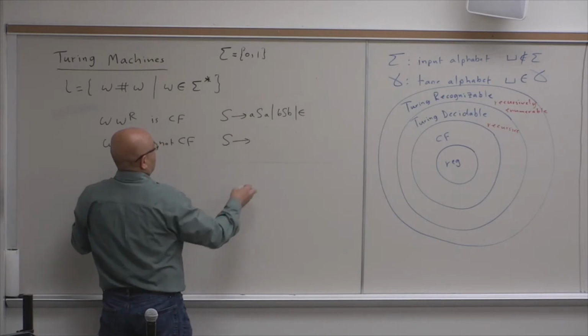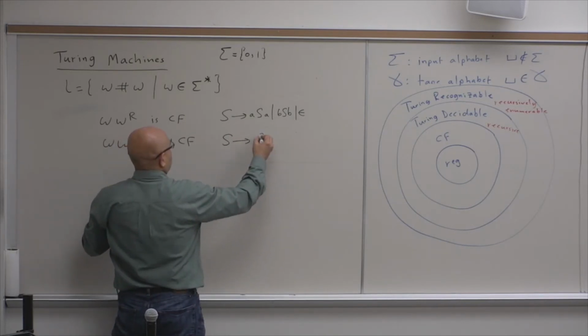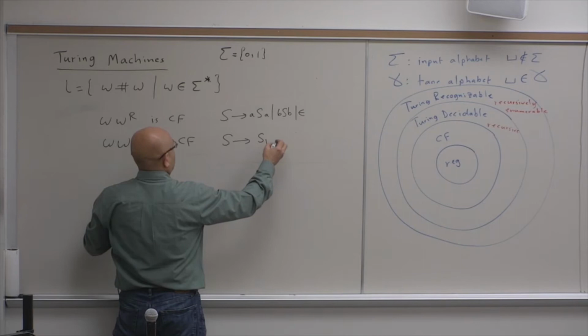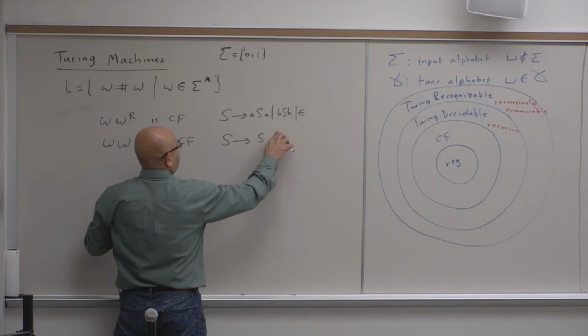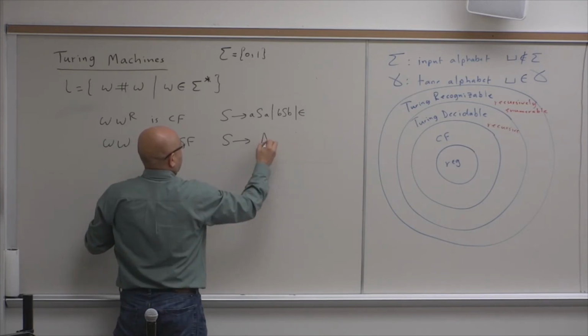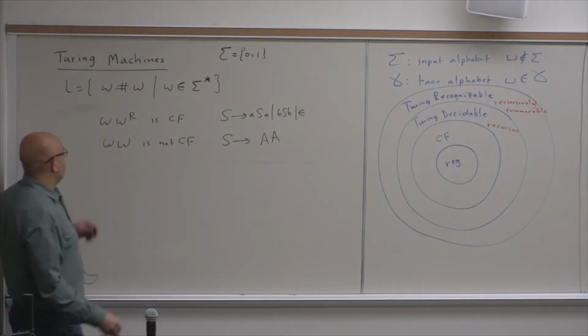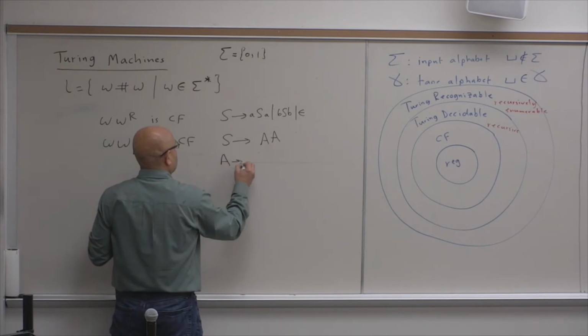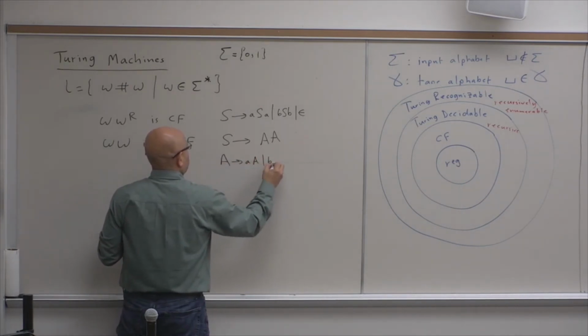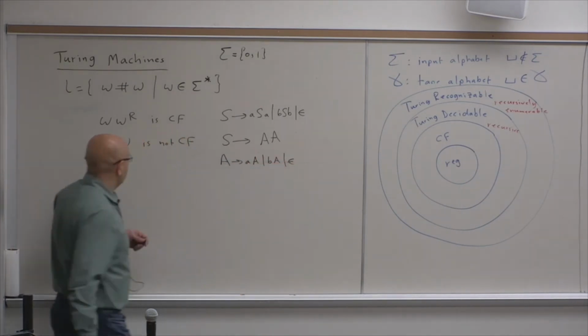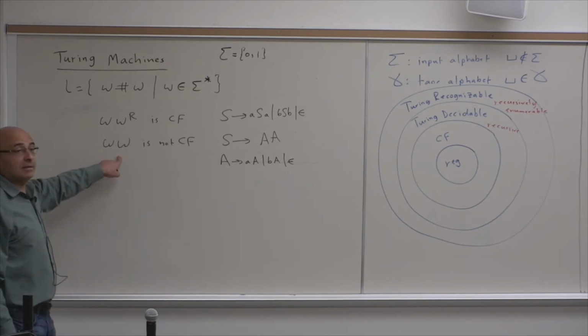So you cannot say something like this. An attempt would be S is AA, and then A is anything, A goes to 0A or 1A or epsilon. Will this generate this language? No, it will not.